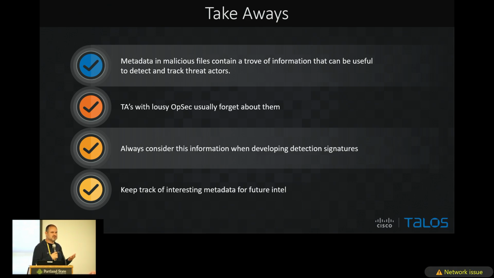Even in the detection scene, people forget that these things are there and they are very important. And like I said, keep track of this information because at some point you might see something that you've seen in the past that was malicious or that targeted you, and you will be able to detect this even before something malicious happens on the machine, right?